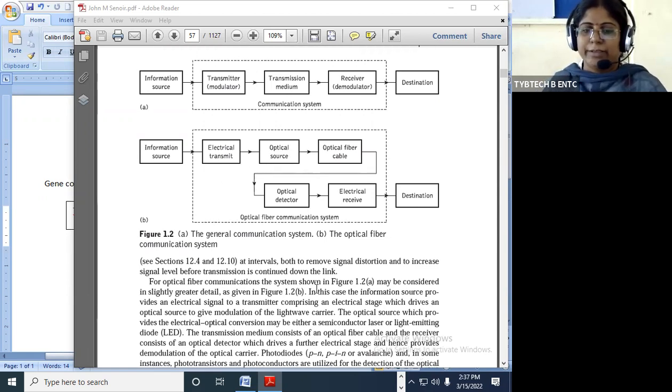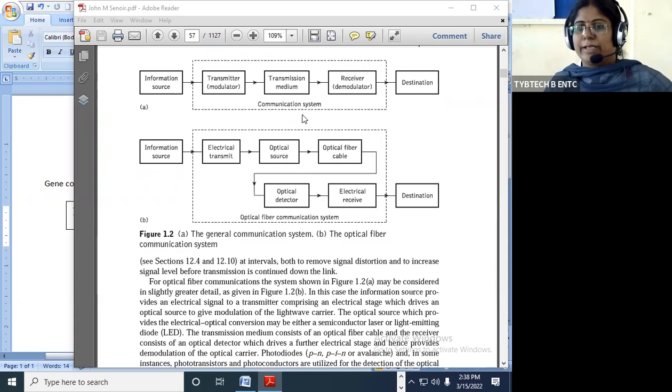Next line, you write optical source. It converts the electrical signal in the form of light.